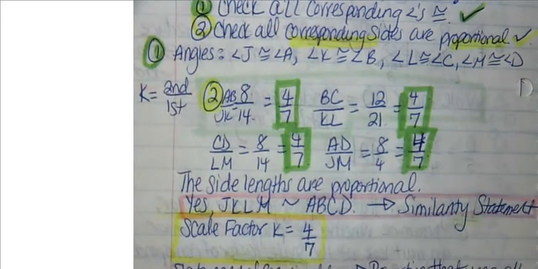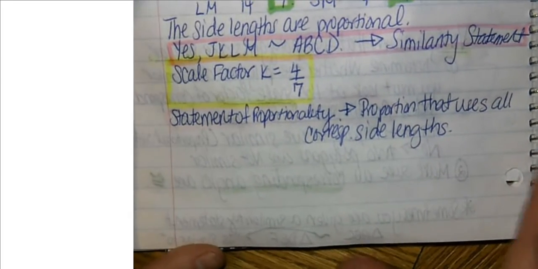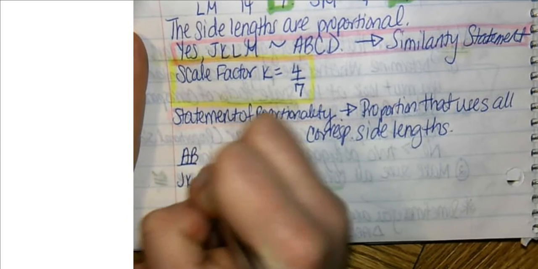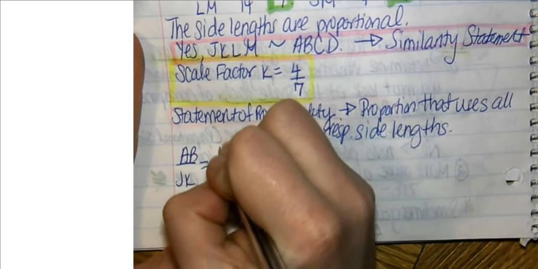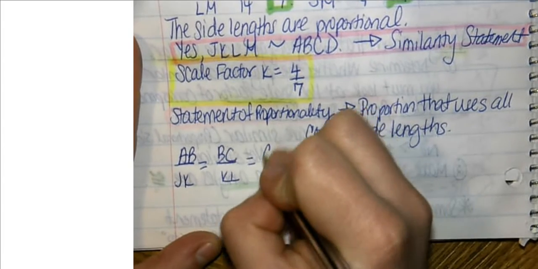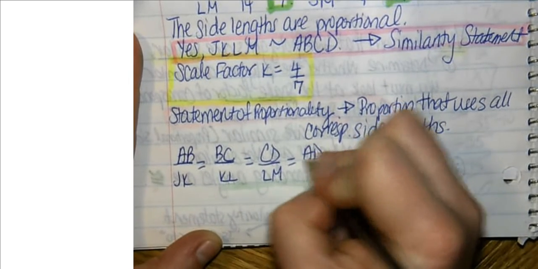When you take all of those fractions that have all of the letters in them and you set them equal to each other, that is known as a statement of proportionality. So simply AB over JK being equal to BC over KL being equal to CD over LM being equal to, finally, AD over JM.